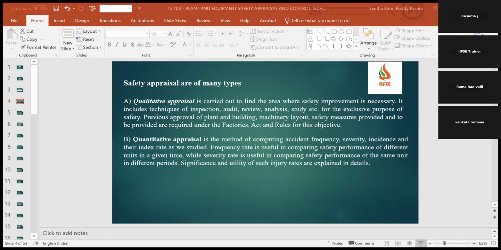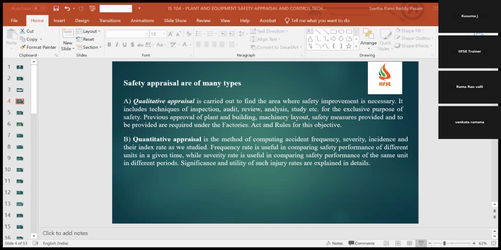For example, you can compare production, maintenance, quality, R&D, HR, stores, etc. While the severity rate is useful in comparing the safety performance of the same unit in different periods. Different periods, for example, 2025, 2024, 2023, how the plant performed.